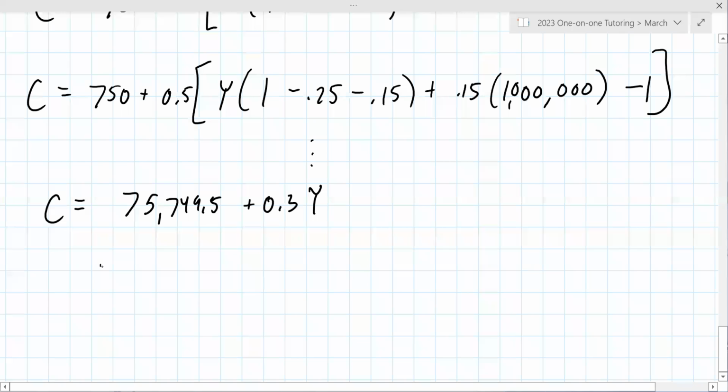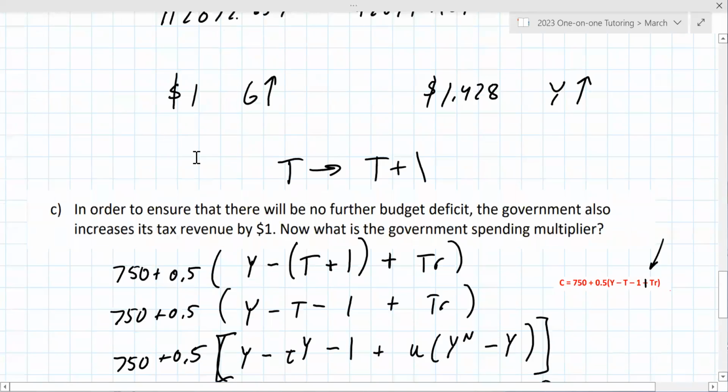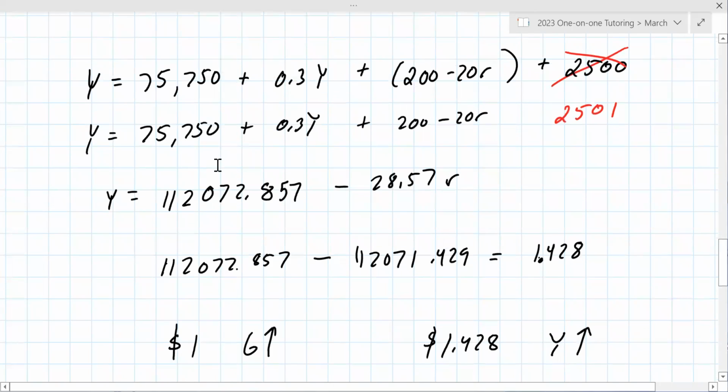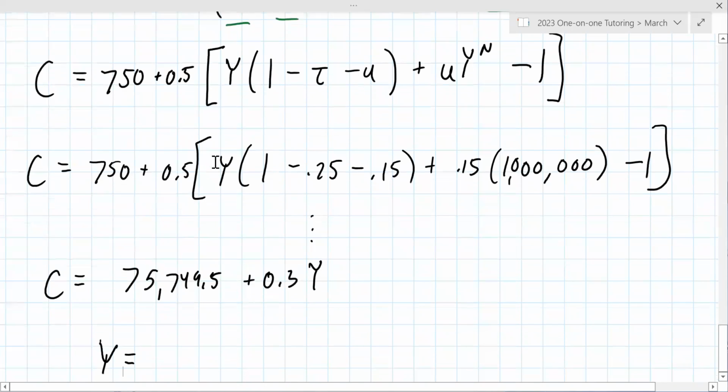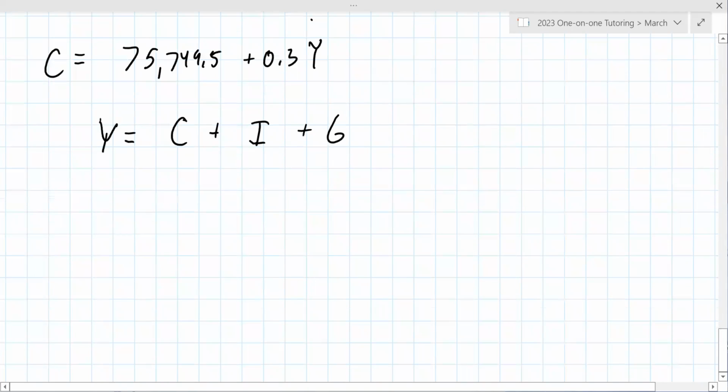Okay. So then we go back to the whole Y equals, let me see, where did we do that? Y equals C plus I plus G. And interestingly, you do have to reuse the government spending, that G is now 2,501.